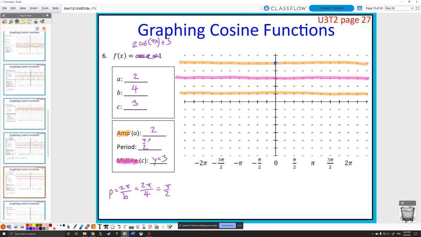But now my period ends up pi over 2. So that's here. And in between that is my minimum. And in between my max and mins are my midline points. So this is a very, very short wave.